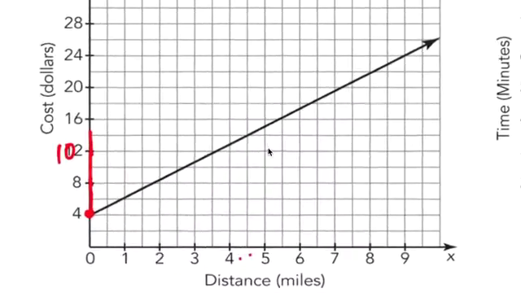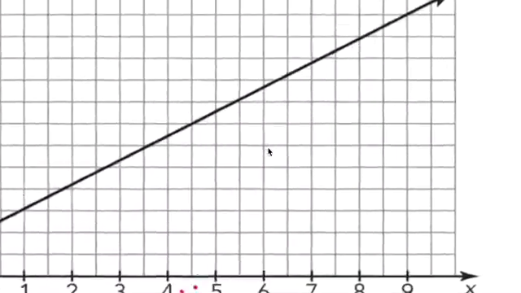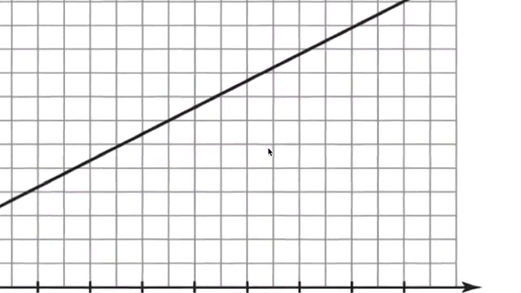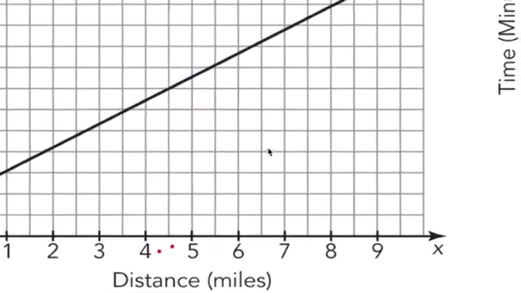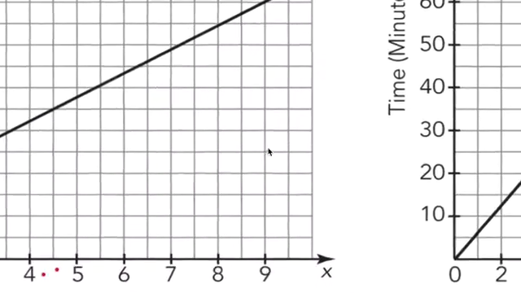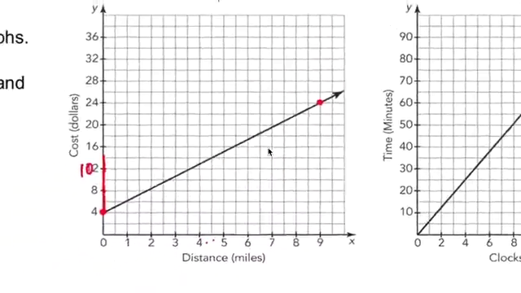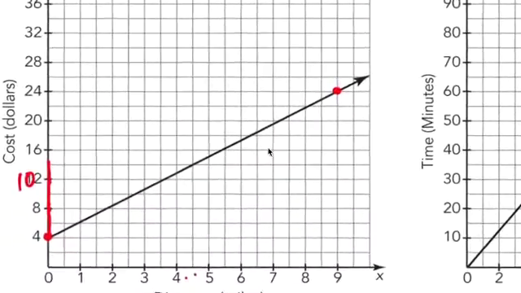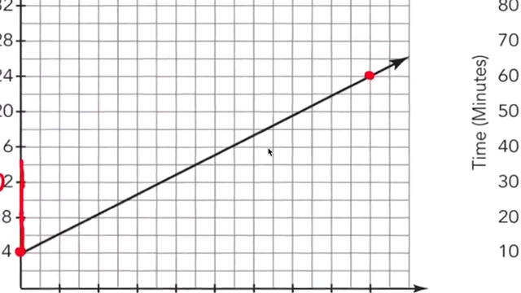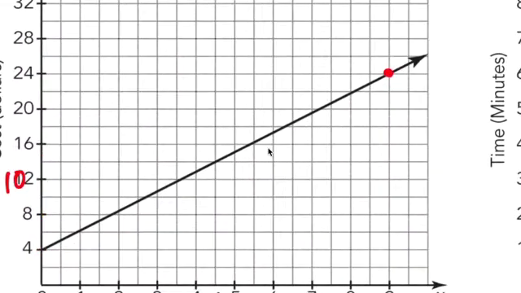More than that, let's see. 9 will work right there. Something over 9 up to 20. Okay, good. I'll erase and show you: 2, 4, 6, 8, 10, 12, 14, 16, 18, 20.